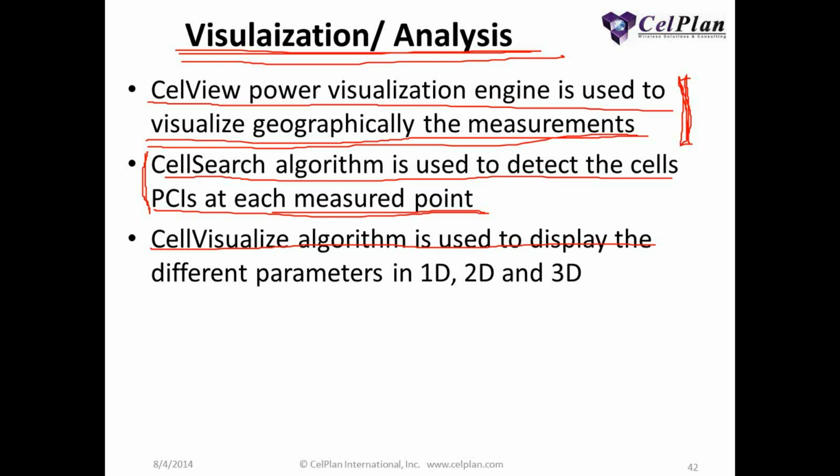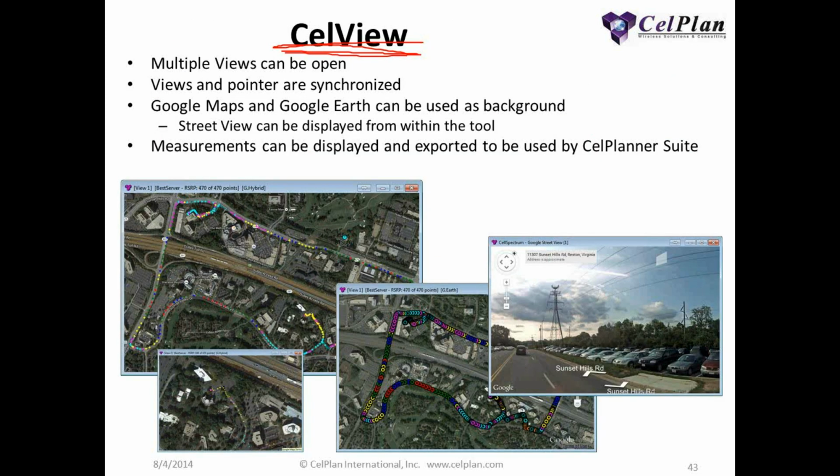And you will see also that all those views are synchronized between themselves. And not only this, they're also synchronized to 2D and 3D graphs. So it's something really extremely powerful that we are very pleased with the outcome.